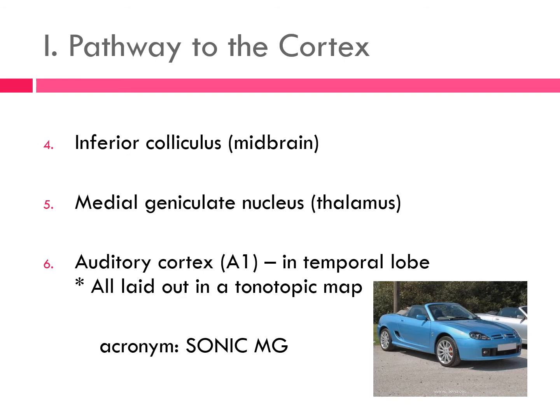And the auditory cortex is reminiscent of the visual cortex, and we're going to talk about that a bit. But these other structures all fit into SONIC MG: the superior olivary nucleus, SON, the inferior colliculus, IC, and the medial geniculate, MG. Especially if you're a car person, maybe you can visualize the car, and that will remind you of the acronym. It really depends on how you learn.